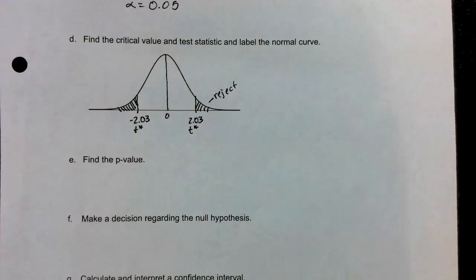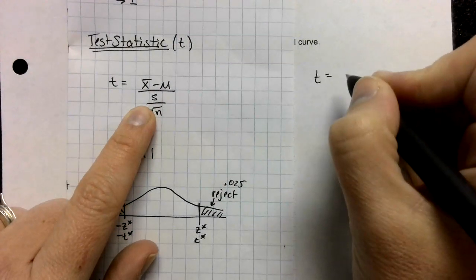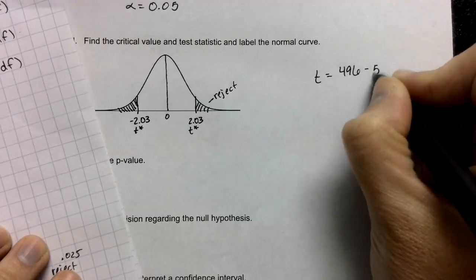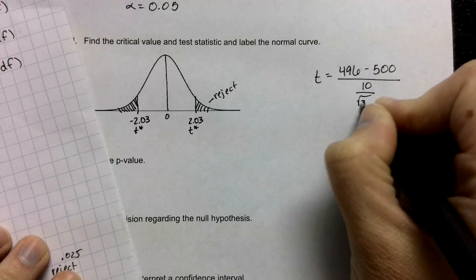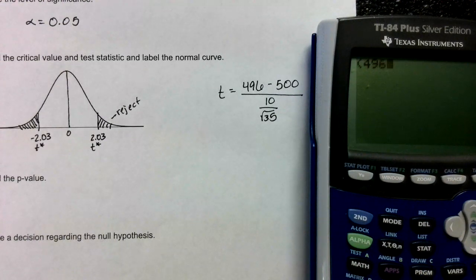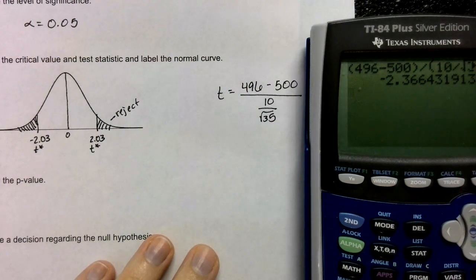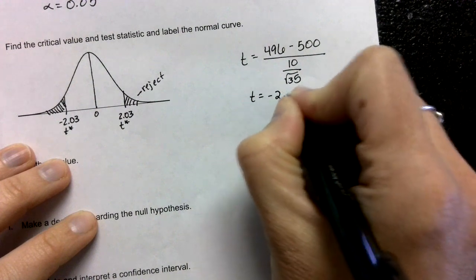Okay, the next thing that we have to do is find our test statistic, and here's our formula. We're going to use X bar, which was 496, minus mu, which was 500, divided by S over square root of n. I get a test statistic of negative 2.37.